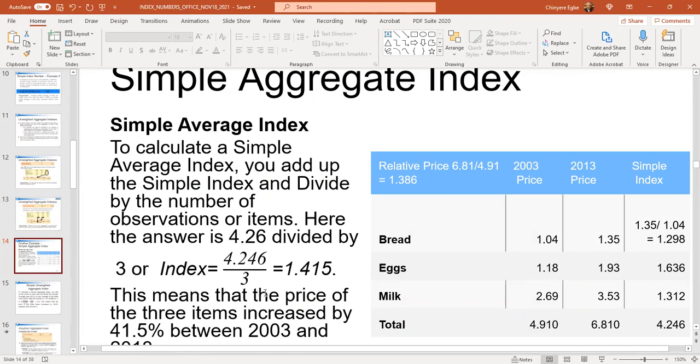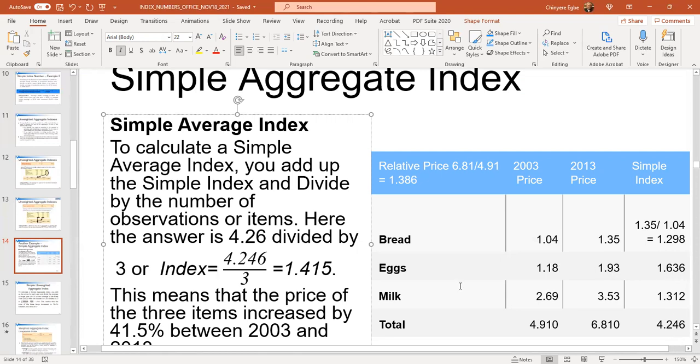This is an example of a simple index, which we already did before. You simply add these indexes. I think we illustrated that earlier. You add these indexes, like 1.35 or 1.04 is 1.296. And you do the same for X. 1.93 divided by 1.18 is 1.63.